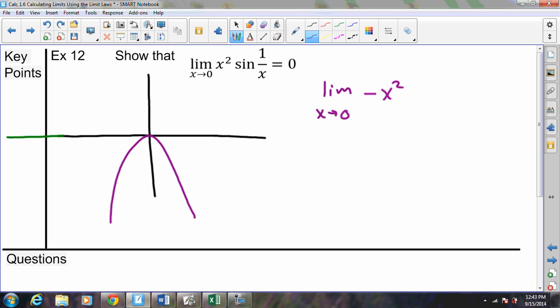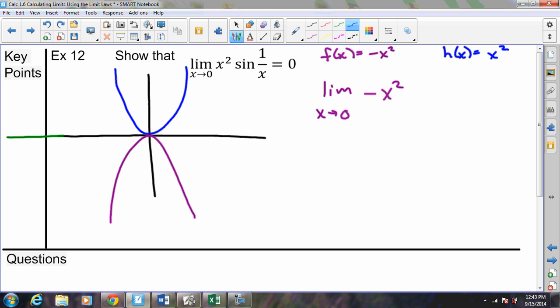Or rather, if we take f of x to equal negative x squared. If we take h of x to equal positive x squared, we'd wind up with a graph that looks like this.